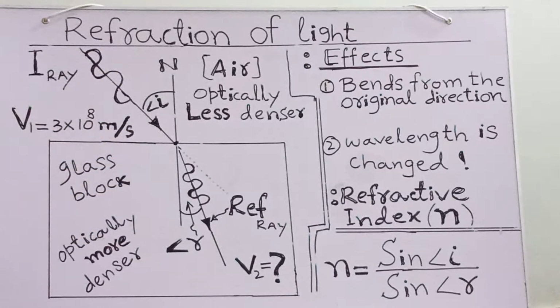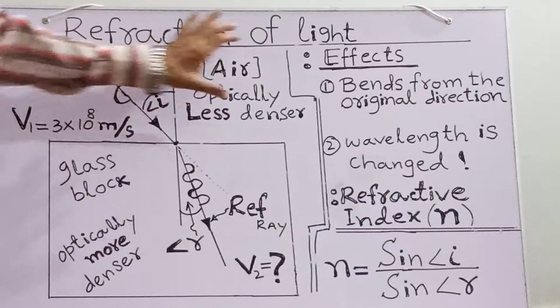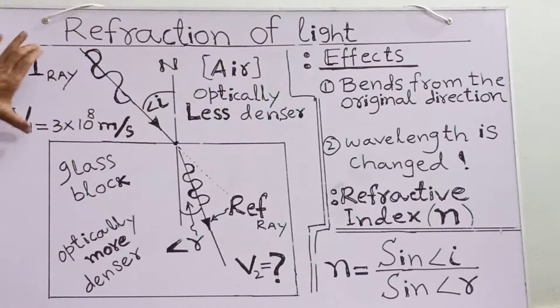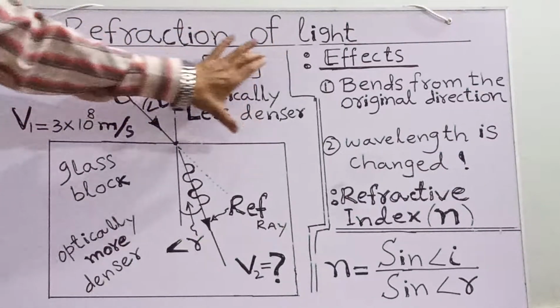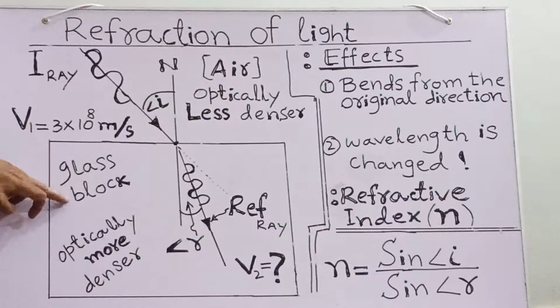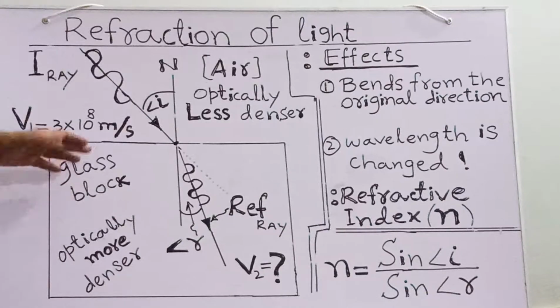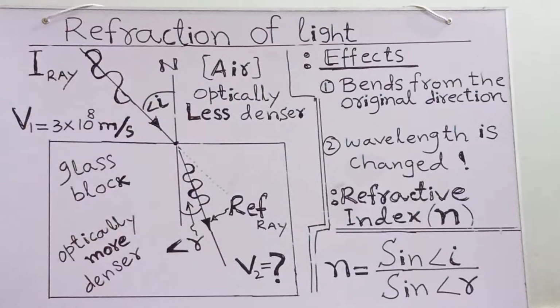Now come back over here. Actually, here also involve two mediums. Number one, air. This whole space is filled up with the air, like the atmosphere. And this is the glass block, or it might be water also.